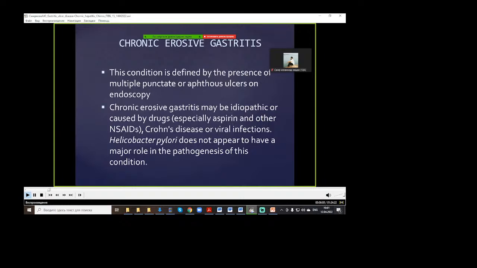Chronic erosive gastritis may be idiopathic or caused by drugs, especially non-steroid anti-inflammatory drugs. It may be a symptom of Crohn's disease or viral infections, but Helicobacter pylori does not play a role in pathogenesis of chronic erosive gastritis.